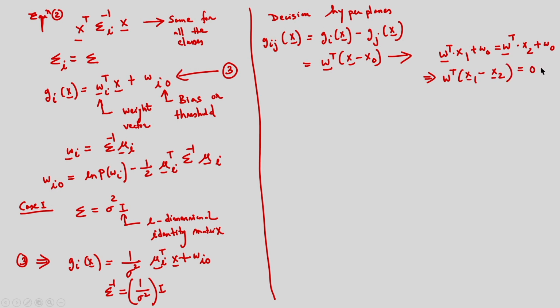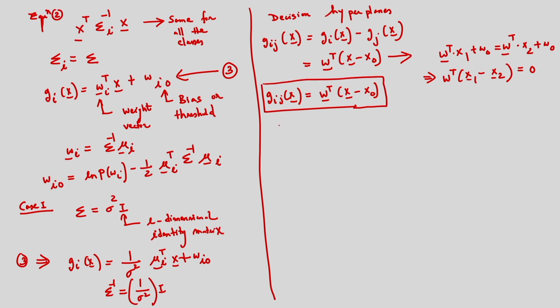So like this you can verify that one. So what is the equation of the decision hyperplanes? gij(x) is equal to w transpose, that is the weight vector, times (x minus x naught). So this is the equation of the decision hyperplanes.